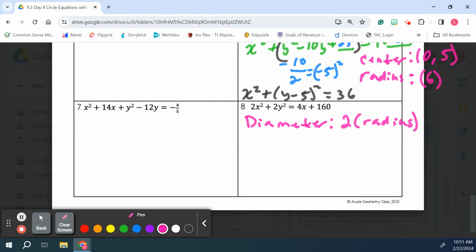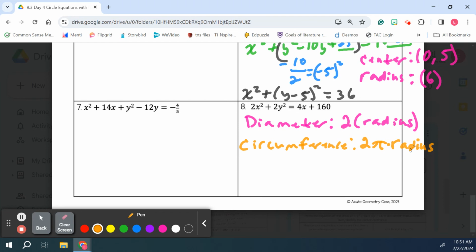The other thing they're going to ask you for is a circumference. Circumference of a circle is 2 times pi times the radius. And what I would do here is just do 2 times the radius and tack pi onto the end.